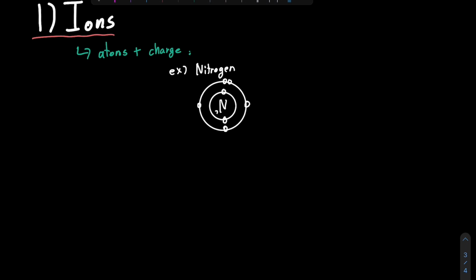And in this atom of nitrogen, if 1, 2, 3 electrons are added, this element, which was originally denoted as N, would have a -3 charge because 3 more subatomic particles of electrons were added. And since electrons have a charge of negative, it would be -3.